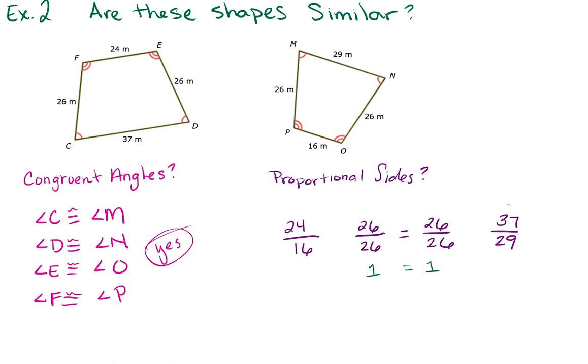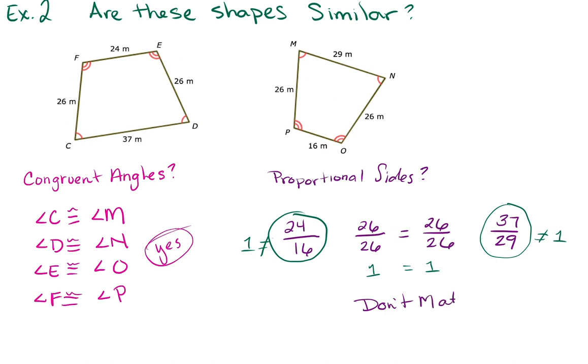However, 37 over 29 does not equal 1, and 24 over 16 also doesn't equal 1. So what I'm showing here is that even though I have 4 congruent angles, I don't have all my sides matching up. So these don't match. These don't match.